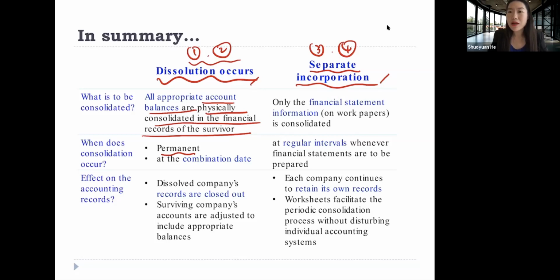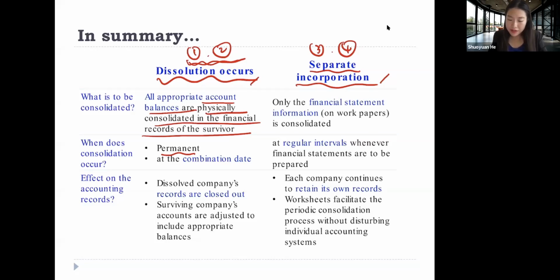As a result of the business combination in the situation of 1 and 2, there's only one surviving firm in the end. So the consolidation is done just one time at the time of the acquisition, and nothing needs to be done going forward.